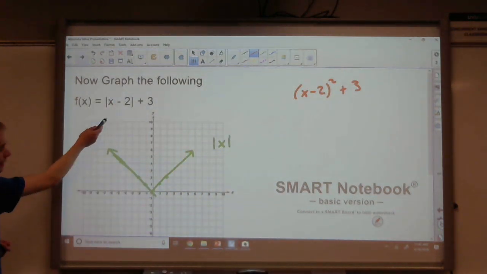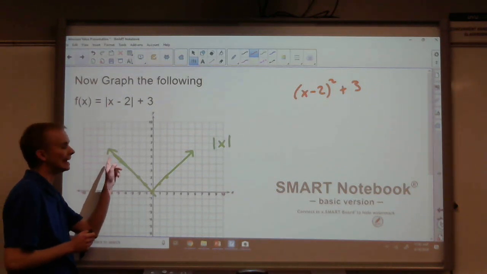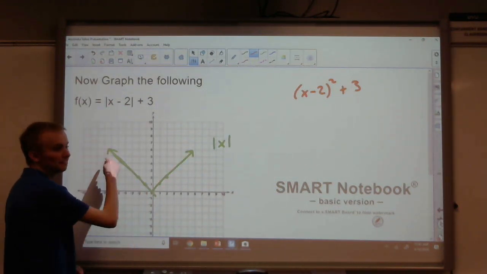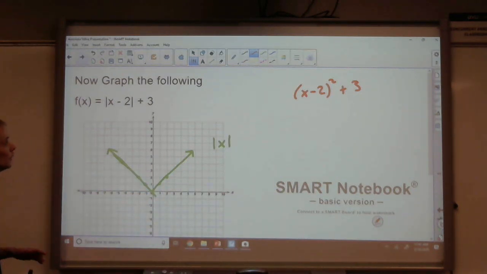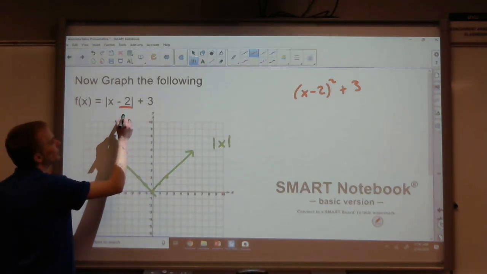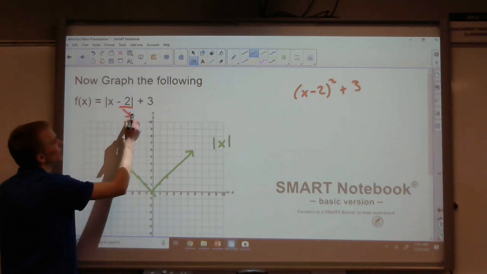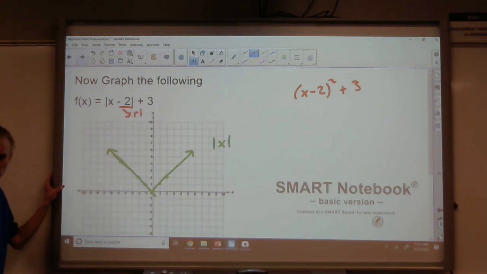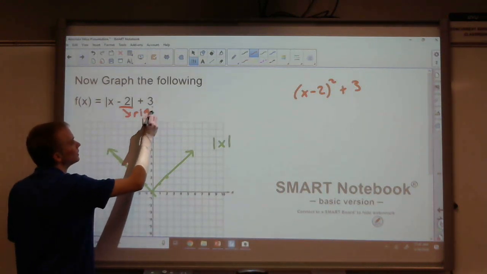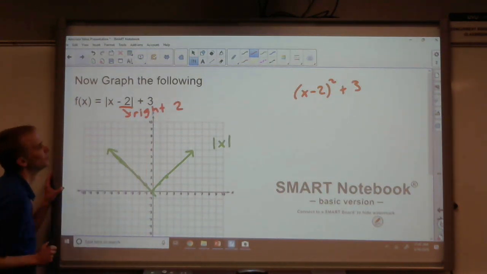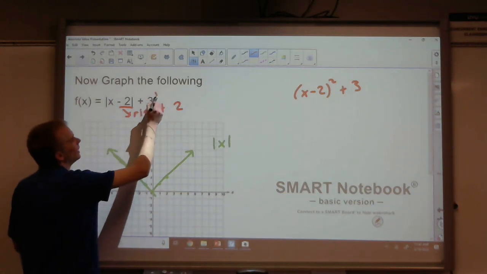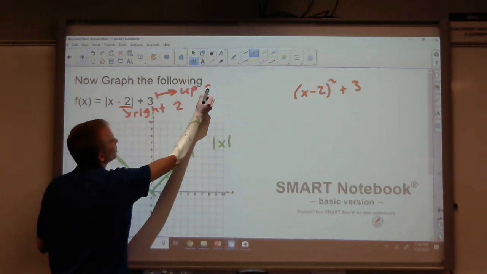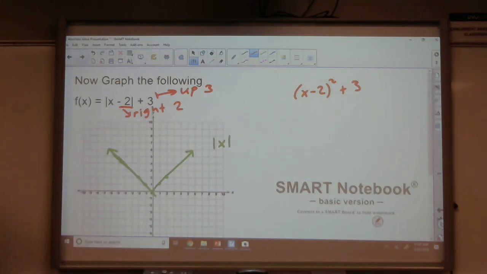So the same thing is going to happen here, just instead of a U shape, it's going to be moving my V shape, okay? So this 2 right here, this moves us right. It does the opposite of what you would expect because it's right next to the x. We go right 2, and then this 3 here means I go up 3, okay?